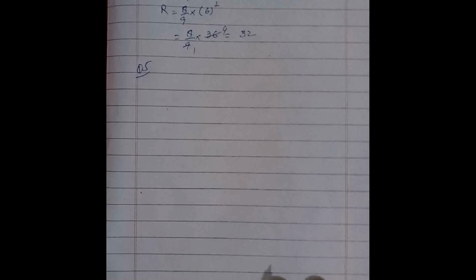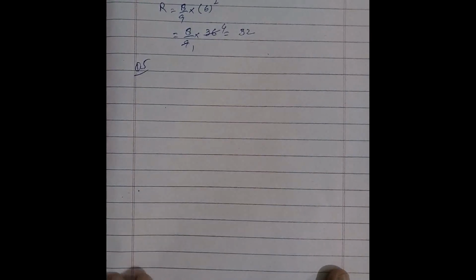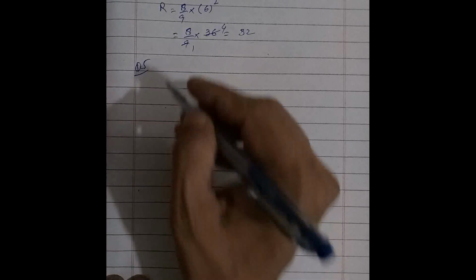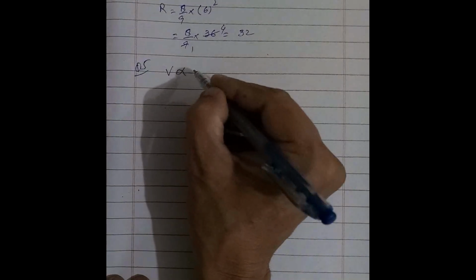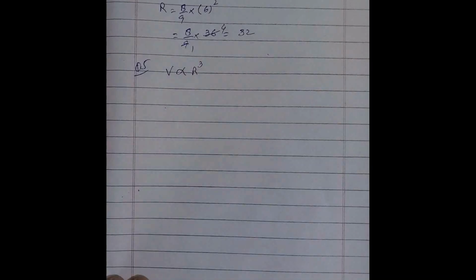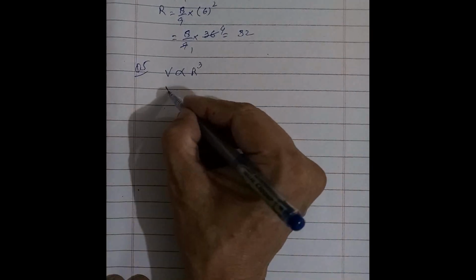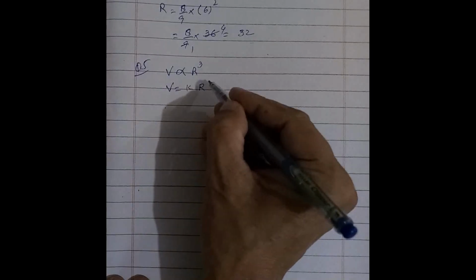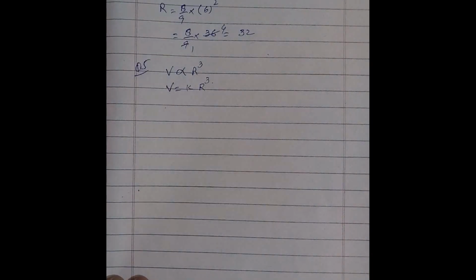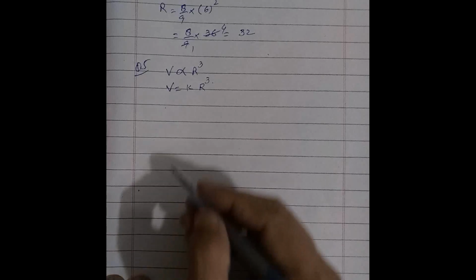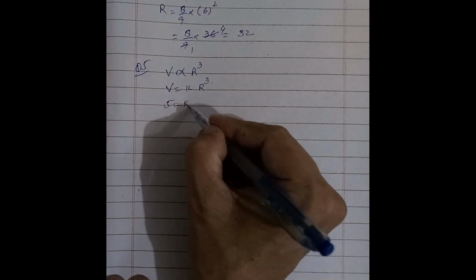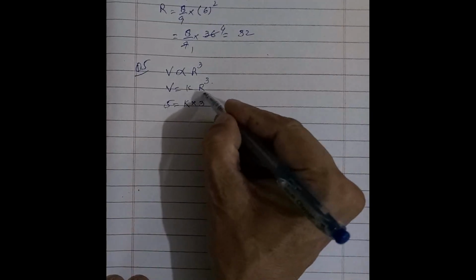Question 5. In question 5, V is directly proportional to R cubed. So with the same method, V is equal to K R cubed. So we first find the value of K by putting the values of V and R, where V is equal to 5 is equal to K and the value of R is equal to 3 multiplied by 3's cube.